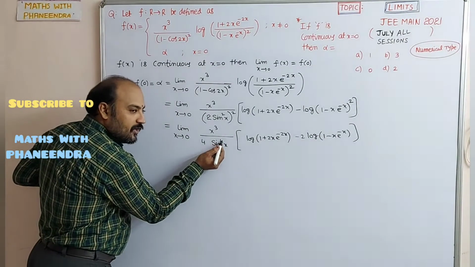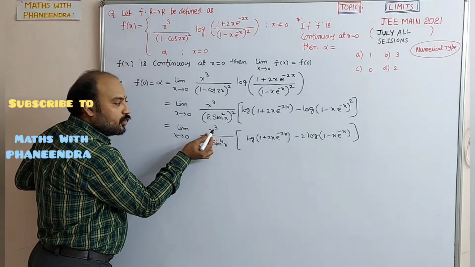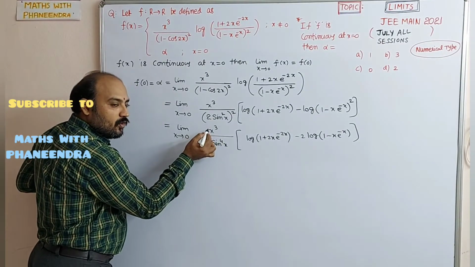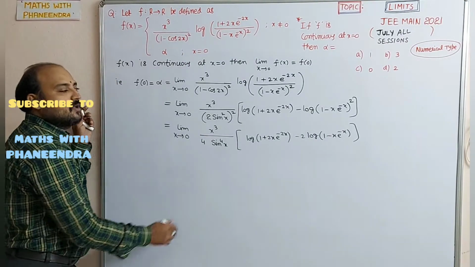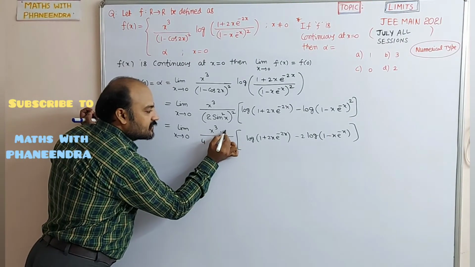Here sin power 4x is there, here x power 3 is there. So if we get x power 4 here also, we can apply the limit for this. So I am multiplying and dividing by x for this.